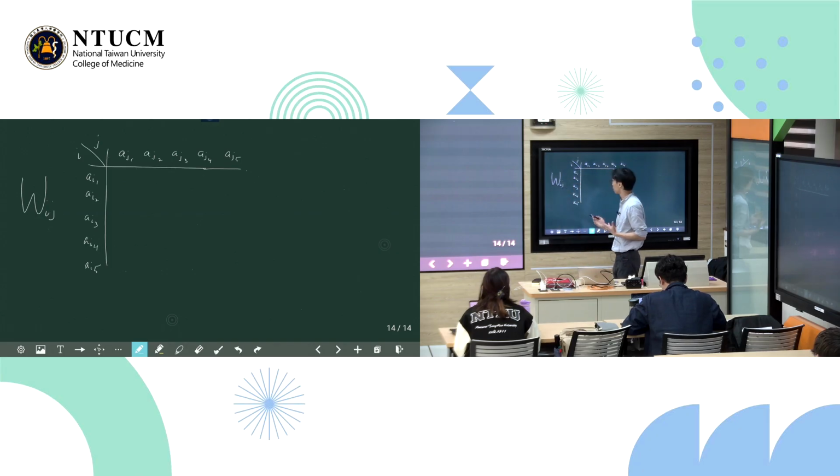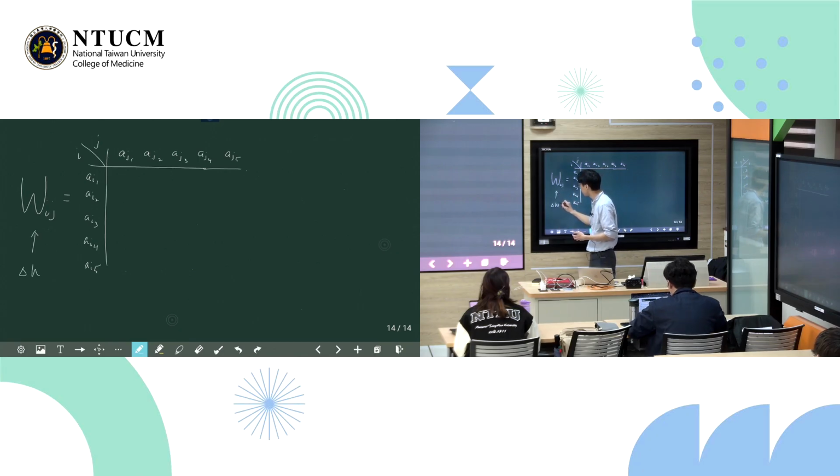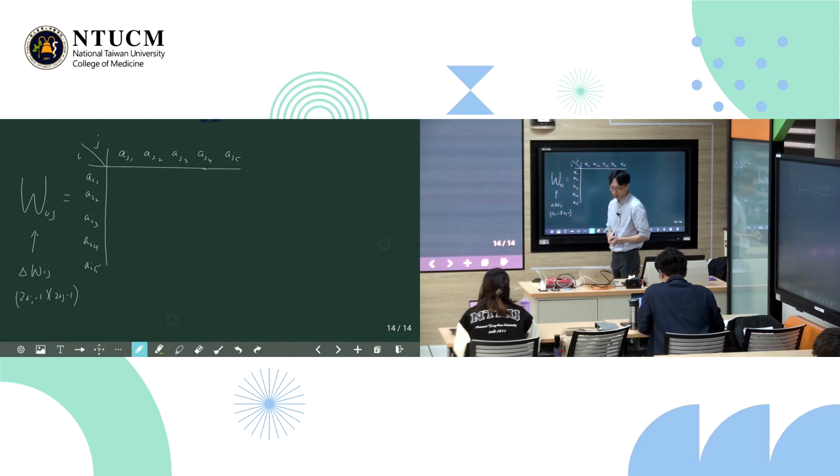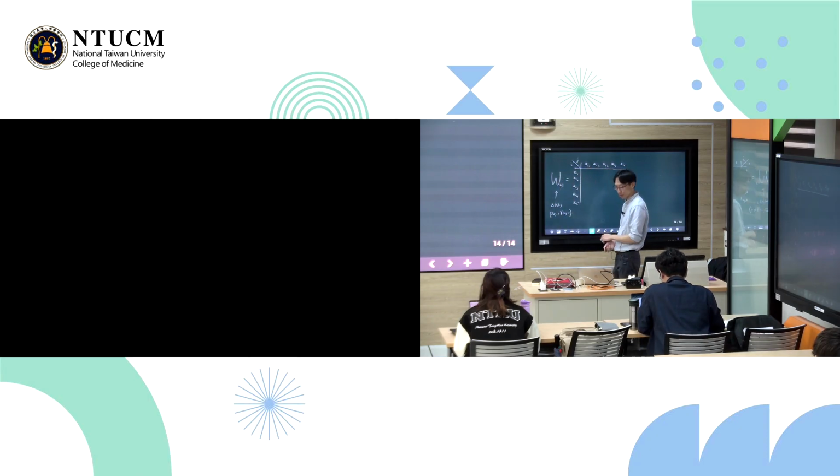That is the key thing that we want to learn, right? We want to update the weights by 2AI minus 1, 2AJ minus 1. This Hebbian learning rule is going to drive the W, the big W array.